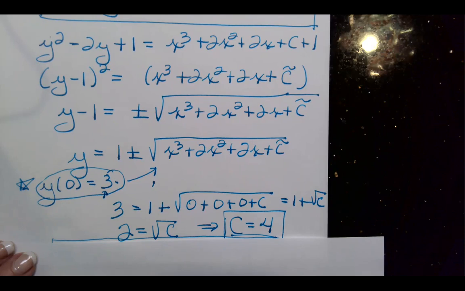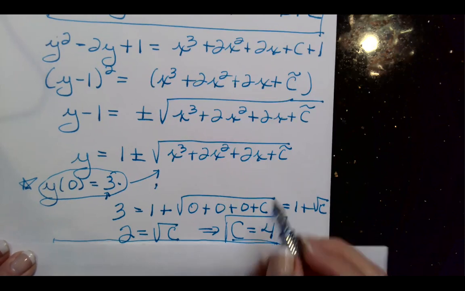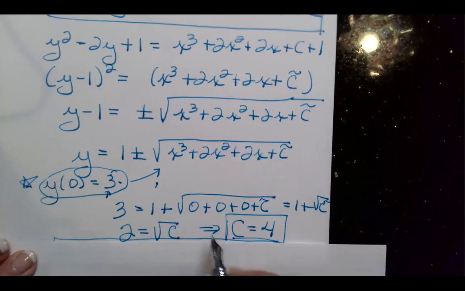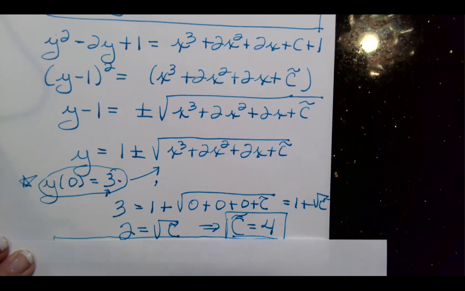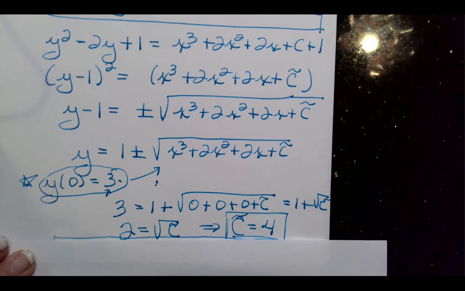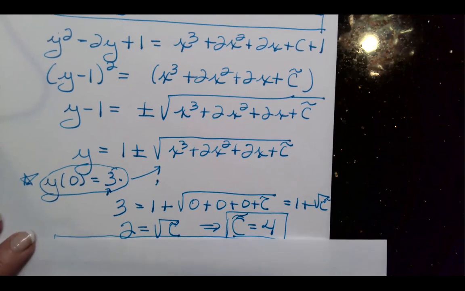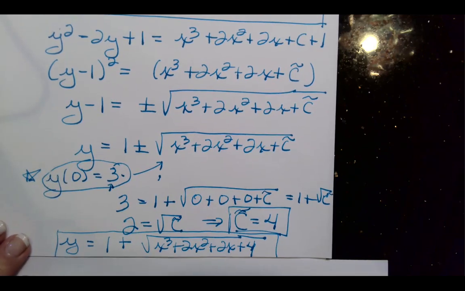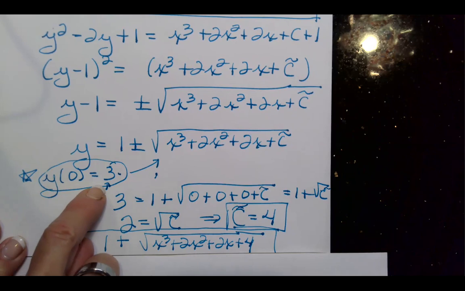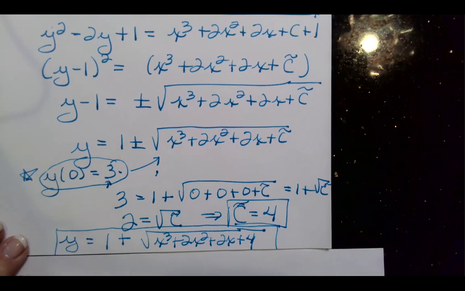It doesn't matter whether I write the tilde, since they're arbitrary constants, but just to avoid confusion for the moment. So the square root of c tilde is 2, so c tilde is 4. The solution of our original equation with this initial condition is exactly what I've written on that last line.